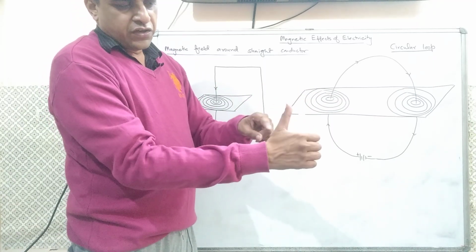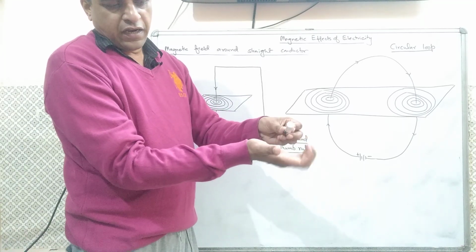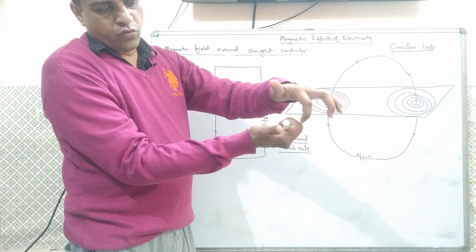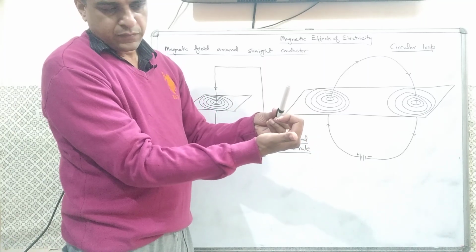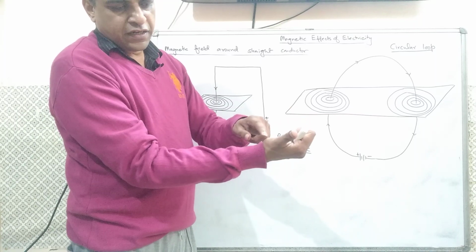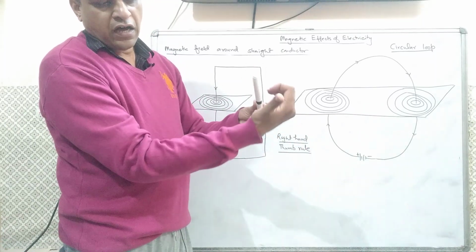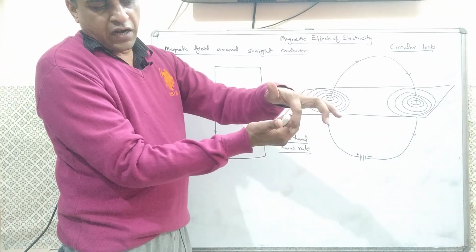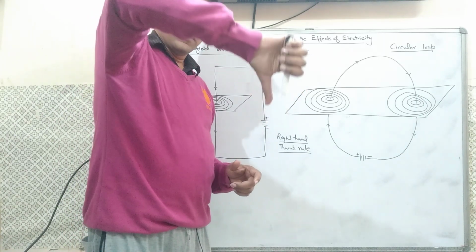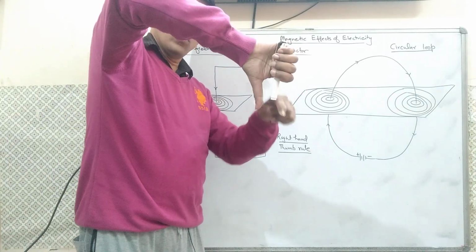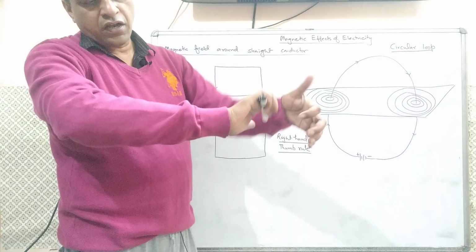In this case, if the current direction is upward, your fingers are moving in the anti-clockwise direction. Similarly, if the current direction is downward, then your fingers are moving in the clockwise direction.